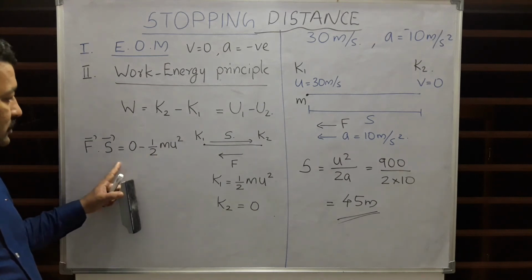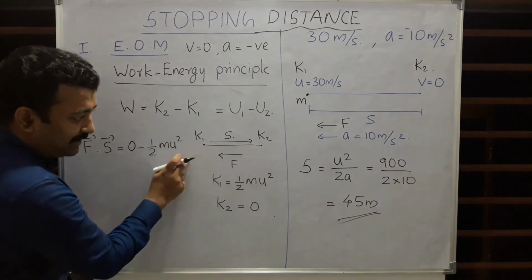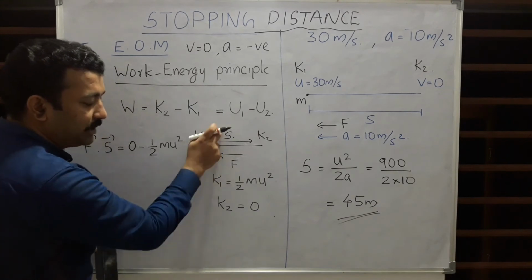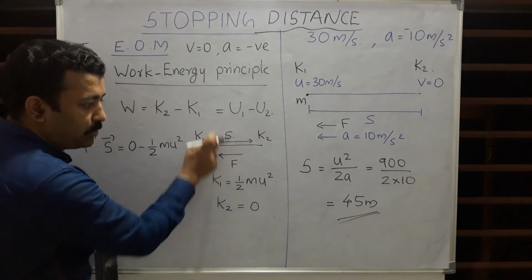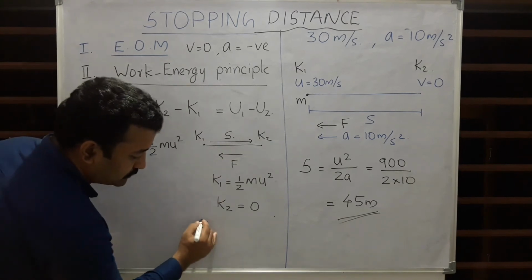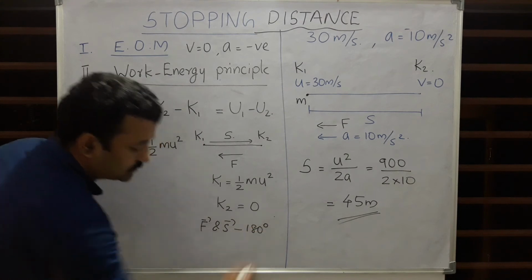What is F dot S? F is towards my left and S is towards my right. So F and S are making how much degree? How much angle between them? F and S make 180 degree, or they are opposite.